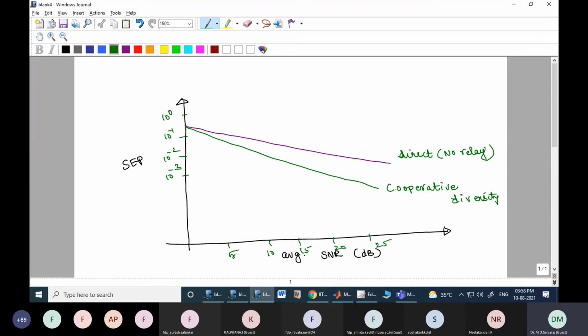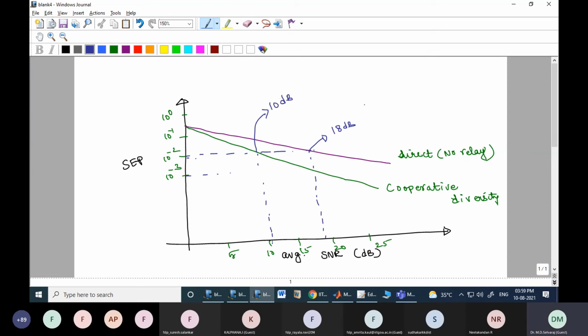Suppose I just draw here 10 to the power of minus 2. I just see where these curves are intersecting. So this one is approximately, say, 18 dB, touches the x-axis, and this one is approximately touching 10 dB.